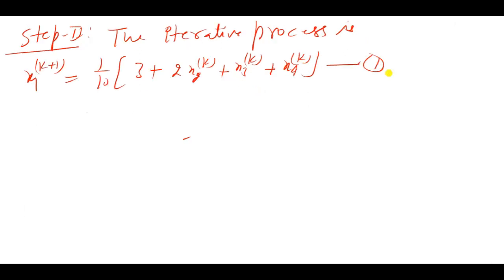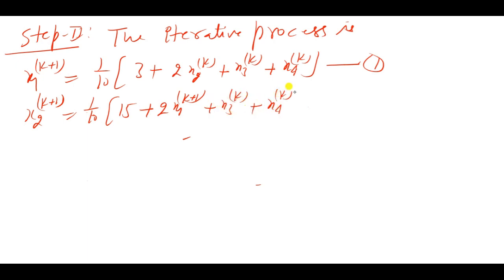Now with the help of equation 2, x2^(k+1) is equal to 1 upon 10 (15 plus twice x1^(k+1) plus x3^(k) plus x4^(k)). This is equation 2.